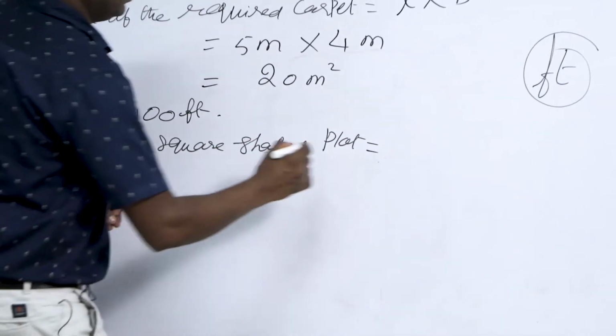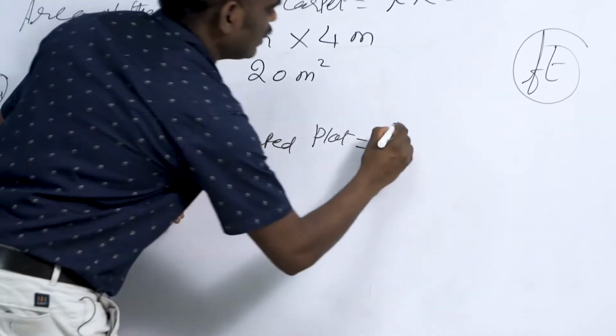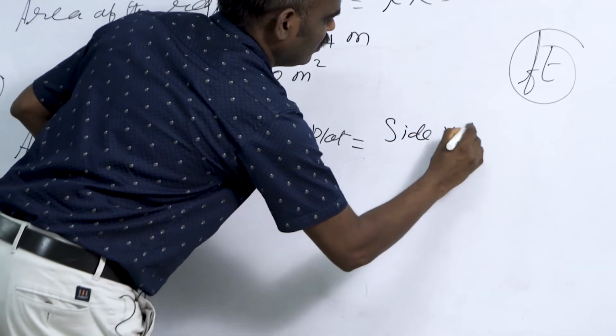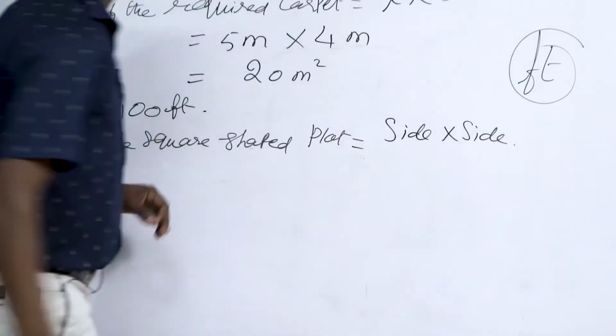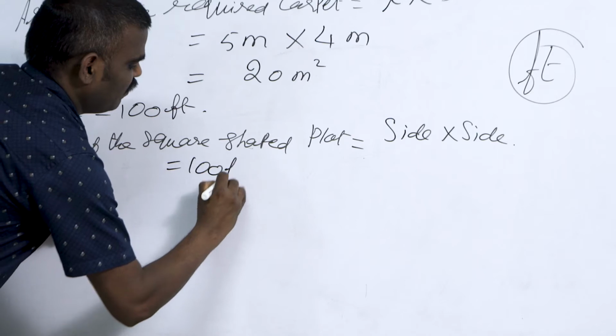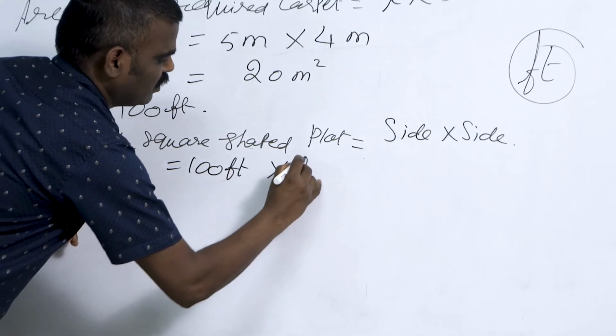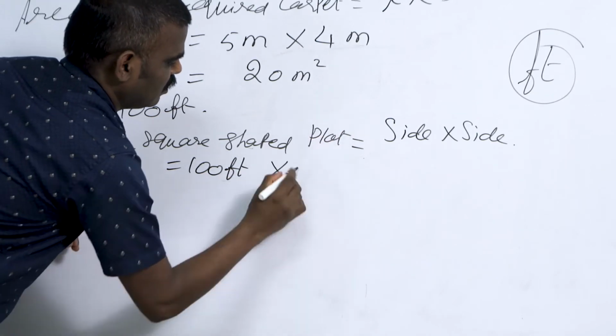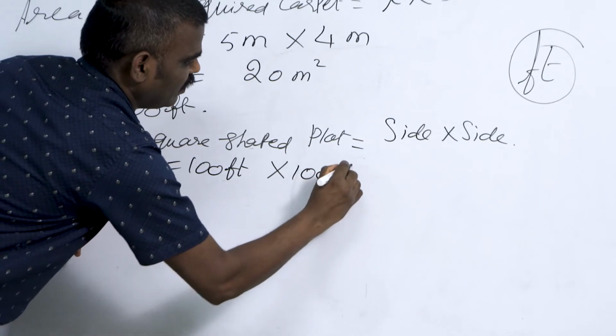It is square shaped, so area is side into side. That is 100 feet into 100 feet.